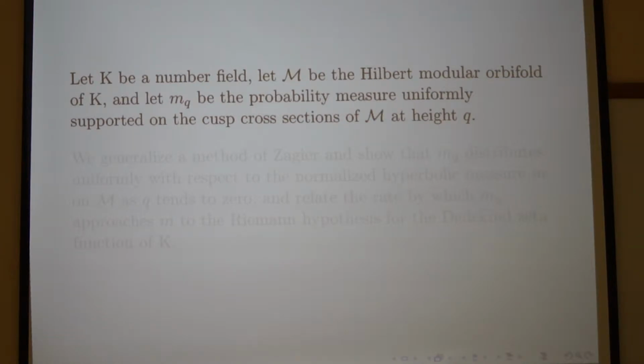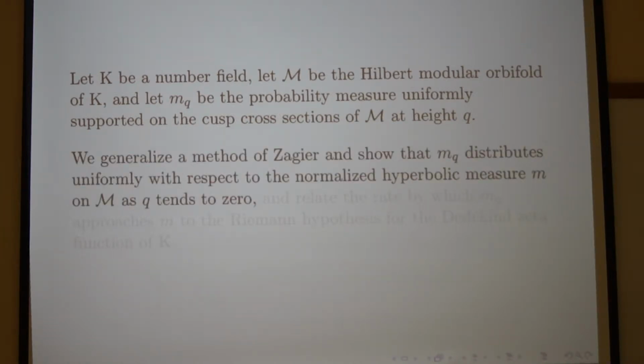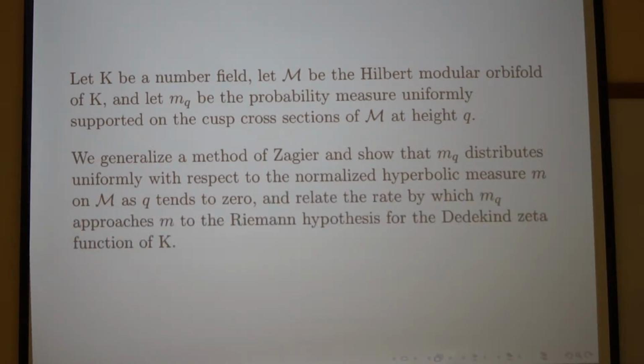Let N_Q be the probability measure uniformly supported on the cusp cross sections of the Hilbert modular orbifold at height Q. We generalize a method of Sarnak and show that N_Q distributes uniformly with respect to the normalized hyperbolic measure M on the Hilbert modular orbifold as Q tends to 0, and relate the rate by which N_Q approaches M to the Riemann hypothesis for the Dedekind zeta function of the algebraic number field.